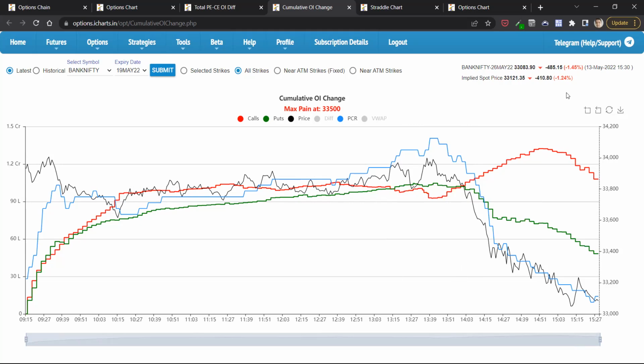And sir, one more point: in Bank Nifty, HDFC Bank, ICICI, Kotak, SBI, these 4 or 5 are the major banks that take Bank Nifty upside or downside. Can we develop some kind of tool or table where all the strikes of these 4 to 5 banks are in one small window, and based on that we can track Bank Nifty as well?